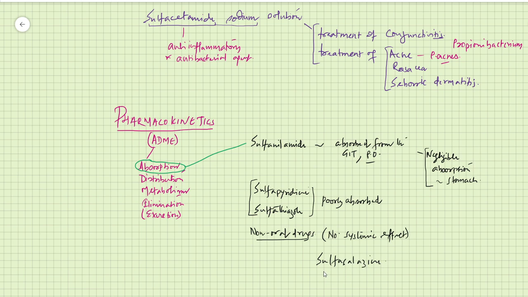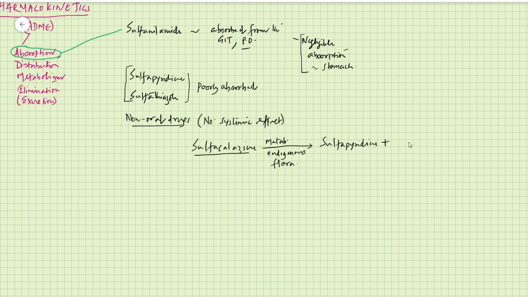Sulfasalazine. We said that this drug gets metabolized by the intestinal bacteria, the endogenous flora which reside in our intestine, and it converts sulfasalazine to sulfapyridine and 5-acetyl salicylic acid.